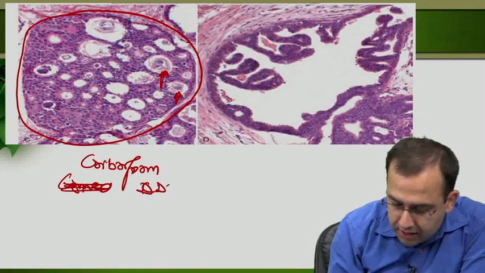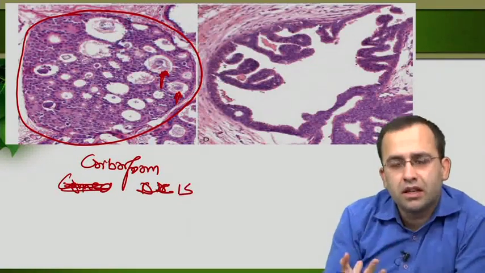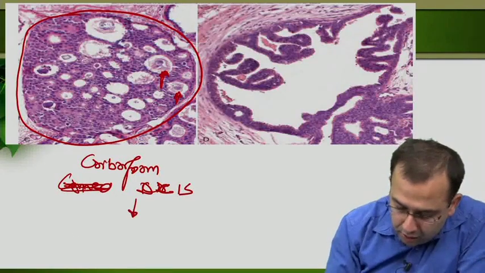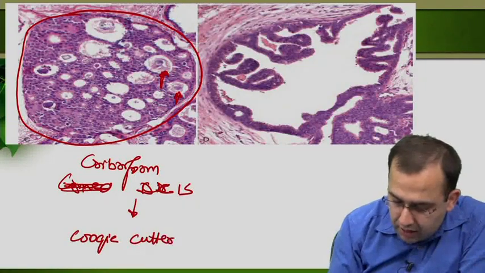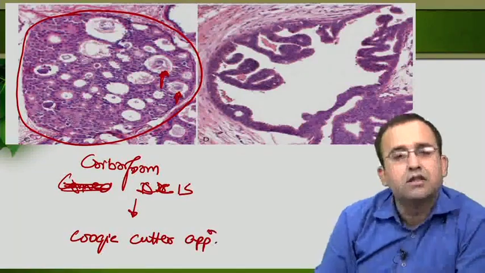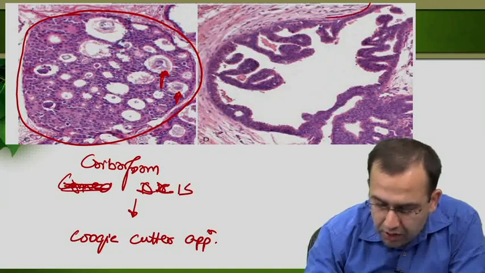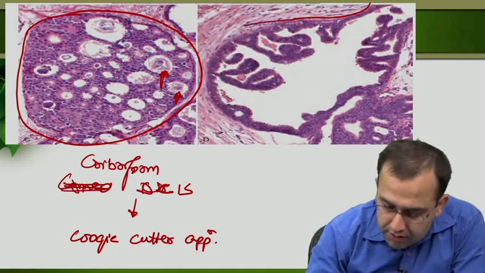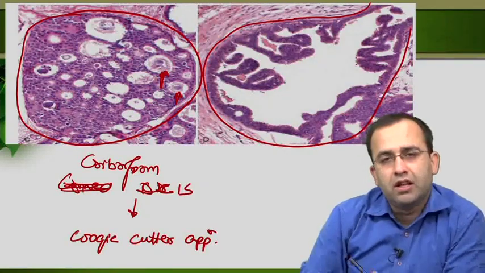Cribriform ductal carcinoma in situ, giving it the classical which appearance? Cookie cutter appearance. This is cribriform DCIS.